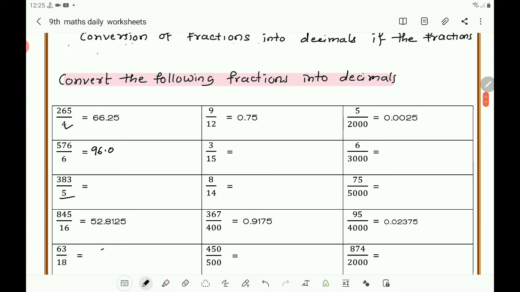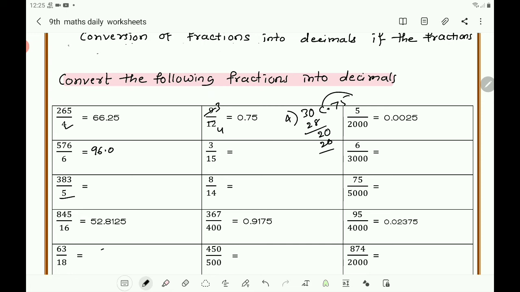Here 9 by 12 is there. You know that 3 3s are 9, 3 4s are 12, then you can divide 3 by 4. Here 3 is smaller than 4, put 0 and point here. Then 4 7s are 28, 2 is remaining, put 0, 4 5s are 20.